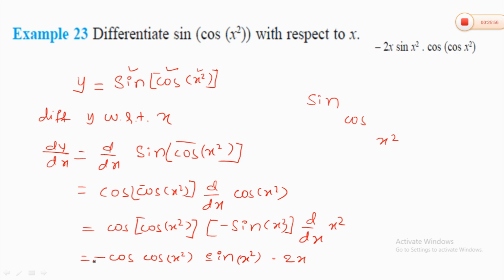Therefore the answer is cos of cos x square, sin of x square, and the derivative of x square is 2x, that is minus 2x sin x square cos of cos x square. Yes, thank you.